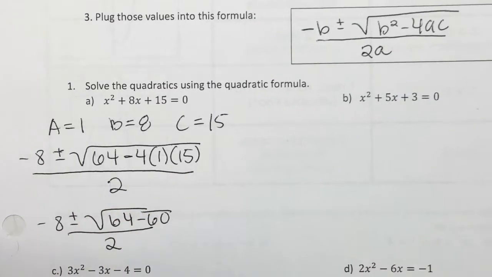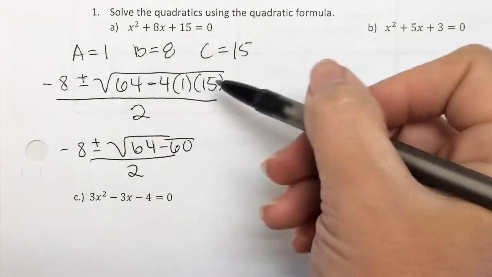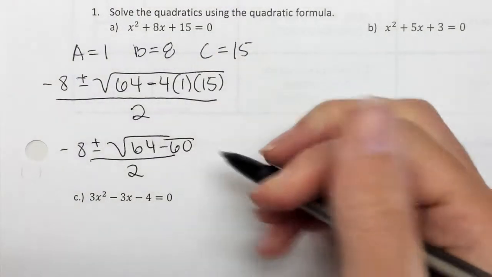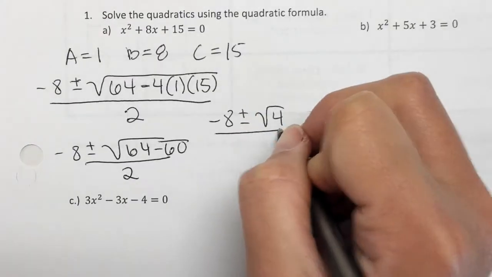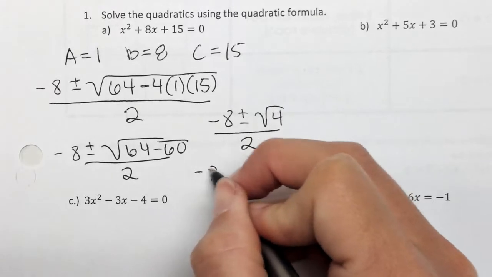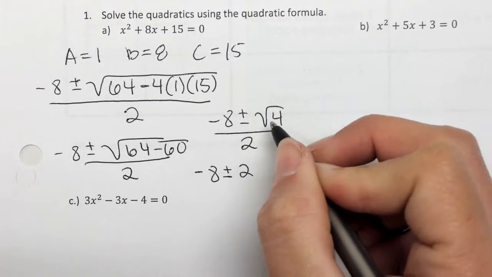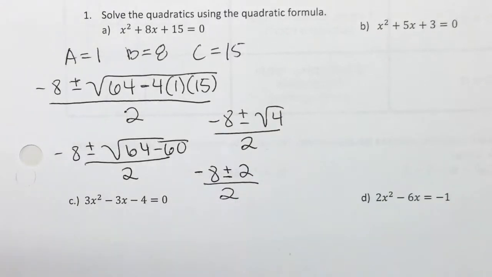So the 60 came from 4 times 15. And then 64 minus 60 is going to give us 4. And then the square root of 4 is what? 2. So we have negative 8 plus or minus 2, over 2. We can take the radical away since we took that square root.